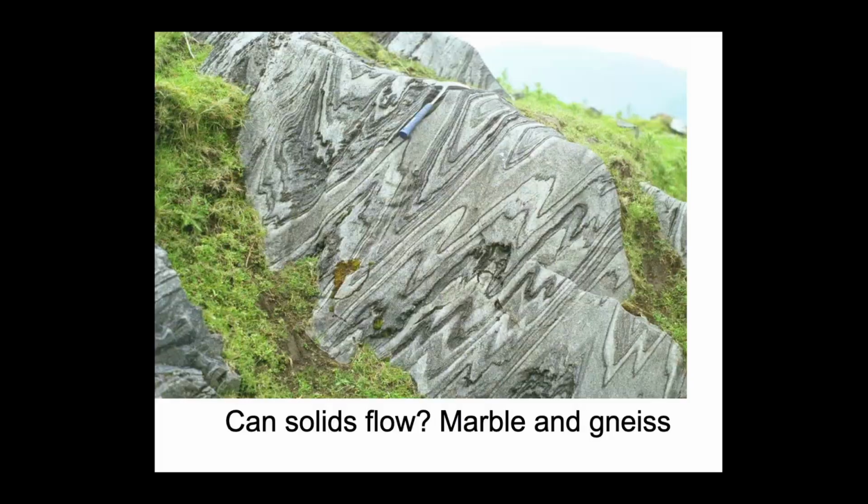And then we can talk about other kinds of rocks. Here we have a marble and gneiss, and that is clear evidence of flowage. Somehow that layering was originally horizontal and has since been completely transposed, and it's showing flow. So we know at one level that solids can flow, but our intuition tells us that they can't.